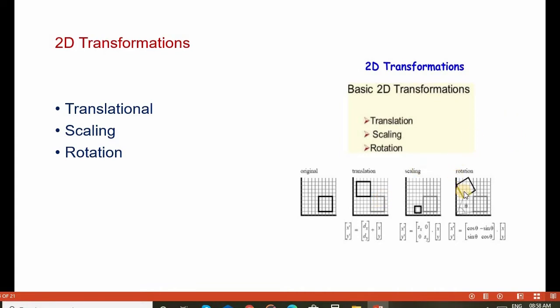Another one is the rotation process. In rotation transformation, the original object is rotated to a different angle, so theta can be varied. These are the three major transformation processes in two dimensions: translation, scaling and rotation.